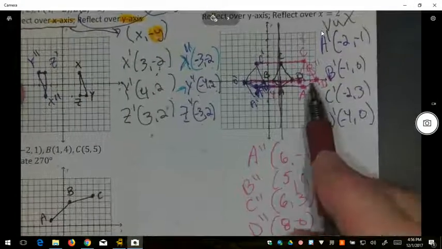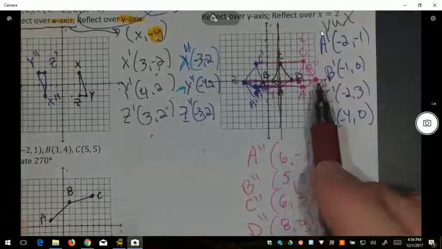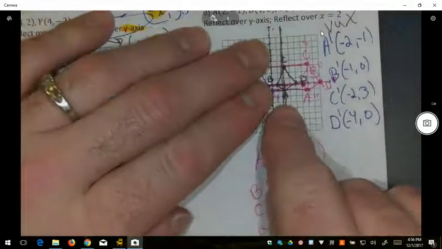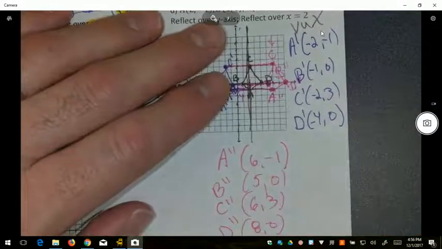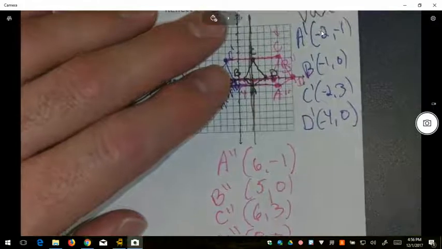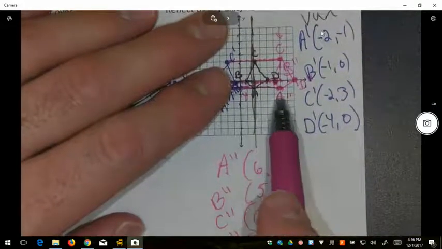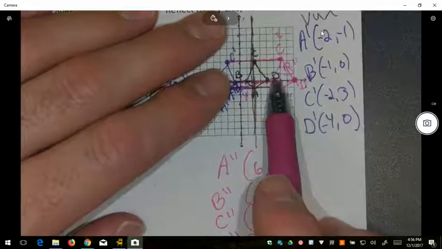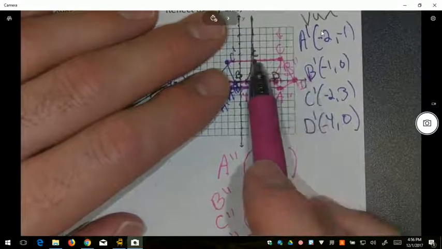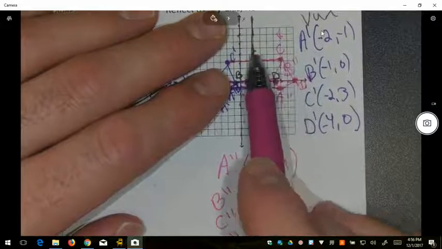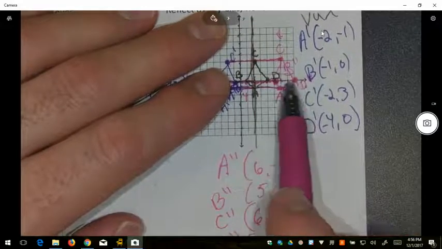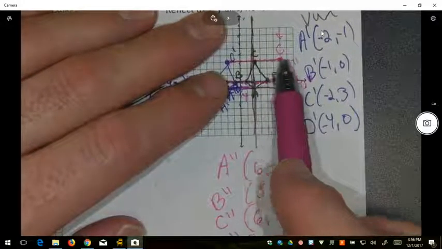Oh, by the way, if you look at this from the original, it's really hard to see, I know, because of all the lines and all the drawings in there. But here's A double prime, here's B double prime, here's D double prime, here's C double prime. Really, all of them just slid over 1, 2, 3, 4.